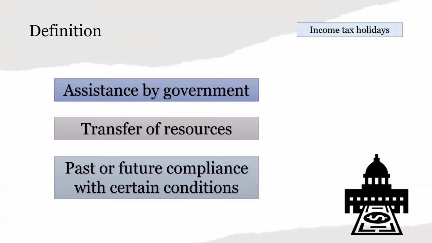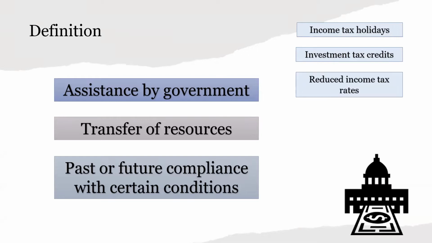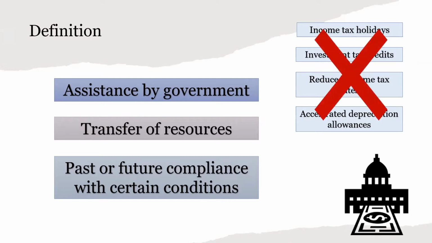So, yung mga income tax holidays, investment tax credits, reduced income tax rates, accelerated depreciation allowances. Pag tinignan natin, these are from government, diba? But these are excluded sa government grants. Ang isang example ng government grants is yung mga government loans.